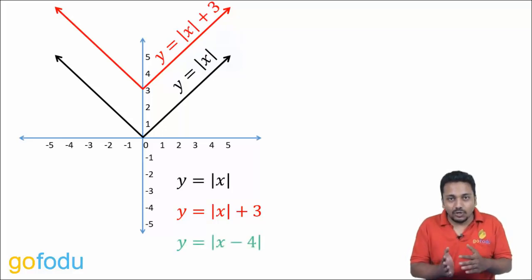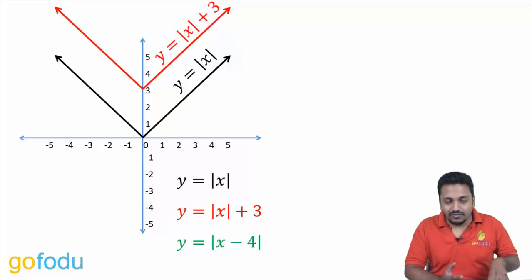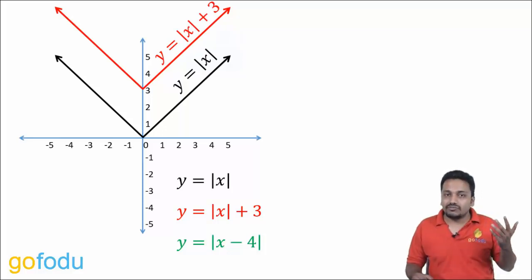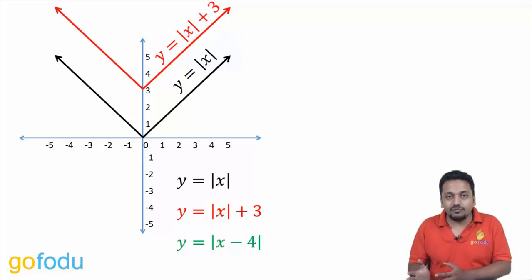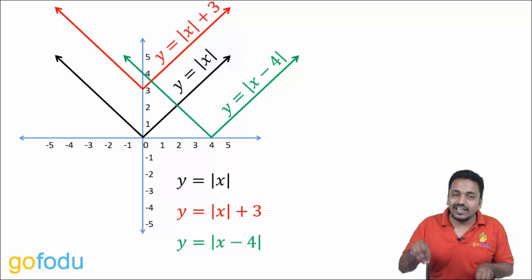For y is equal to mod x minus 4, the origin which was earlier at x is equal to 0 has now shifted to x is equal to 4. So the graph for mod x will shift 4 units right on the x-axis. Okay? It will shift 4 units right on the x-axis for graph of y is equal to mod x minus 4.